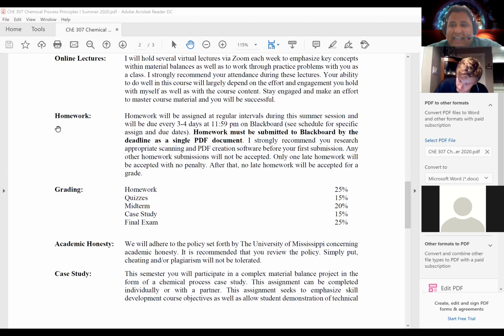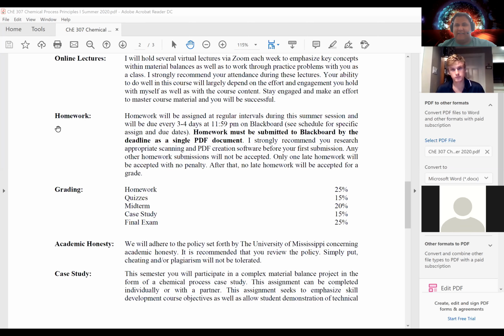The big issue that I've seen in the past is when people try to do things on paper, which I'm comfortable with, but then you take pictures, and then I've got 12 image files in one submission, and it's really a pain for the grader to go through that. So if you can use a little app to scan whatever you do by hand, I strongly encourage you to do it all by hand instead of just on the computer.